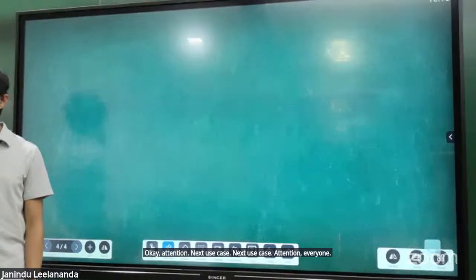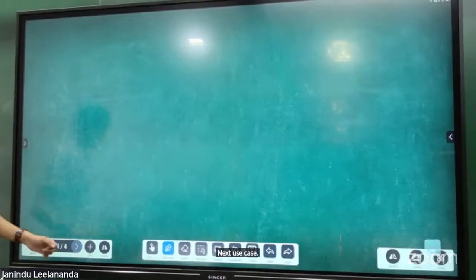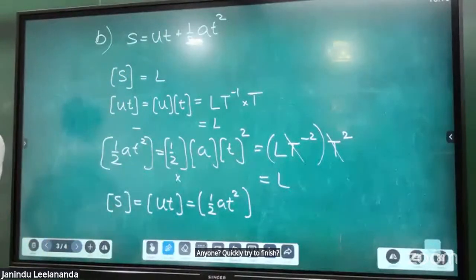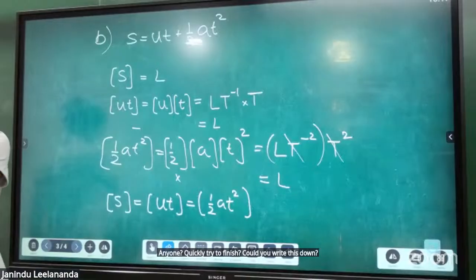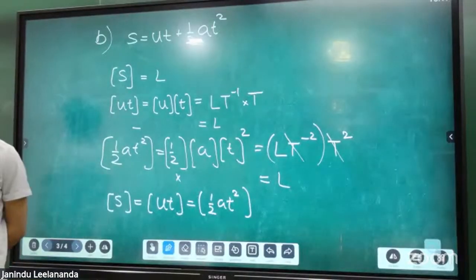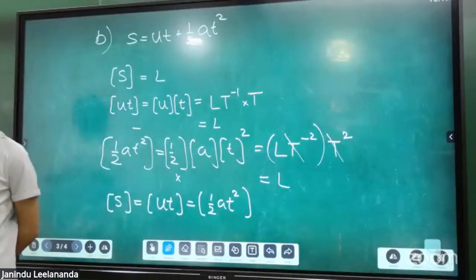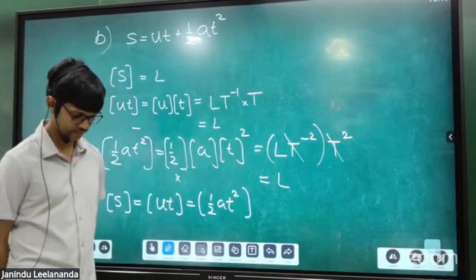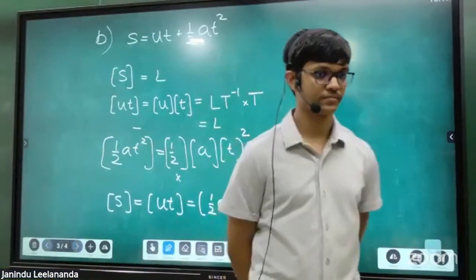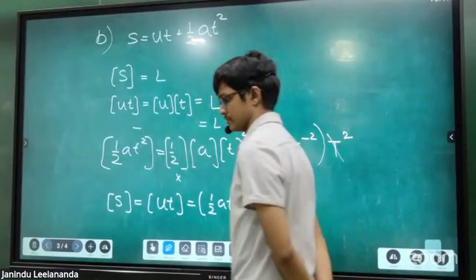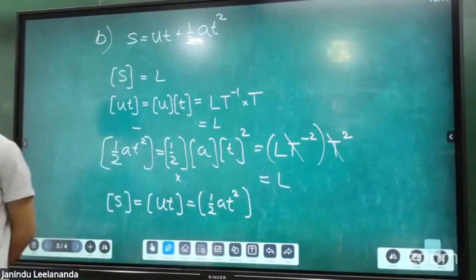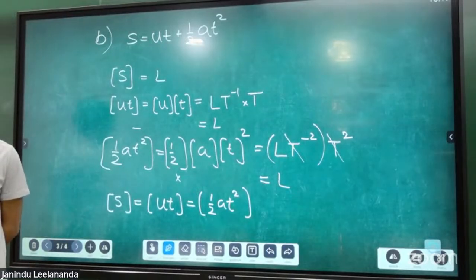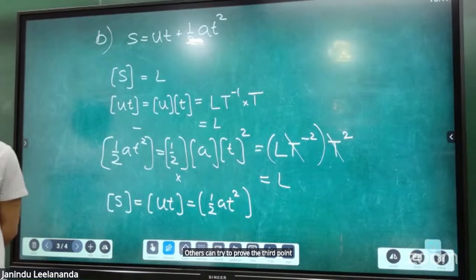Next use case. Anyone writing this? Quickly try to finish, quickly write this down. Others can try to prove the third point, deriving an equation using dimensional analysis.